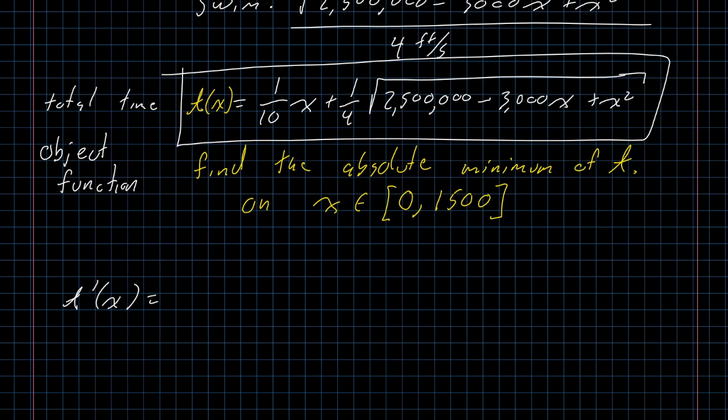All right, the derivative of 1/10 x is just 1/10. The derivative of the square root of this whole mess is going to be 1/2 times the square root of the whole mess.